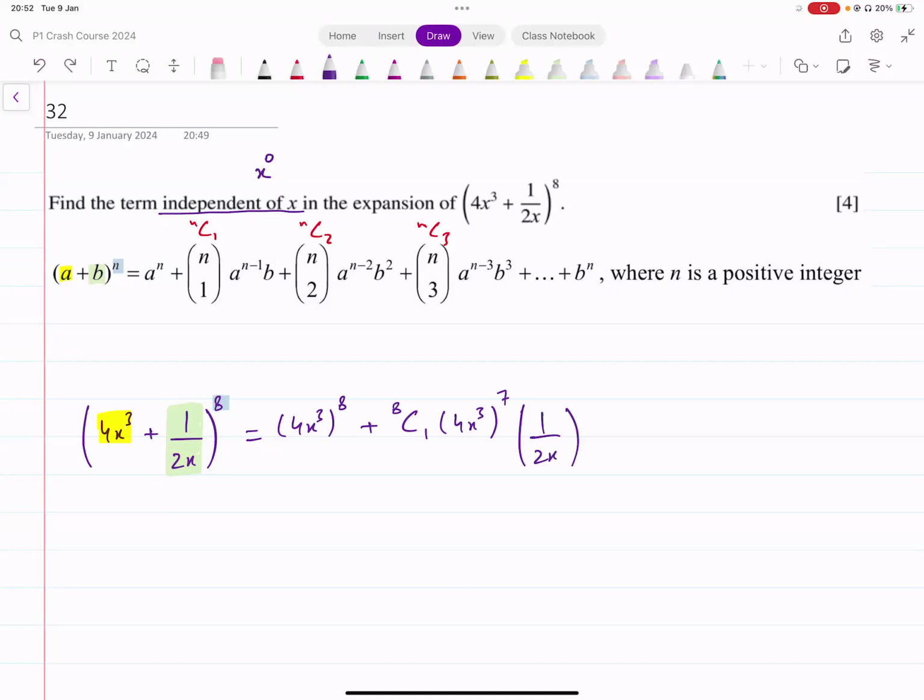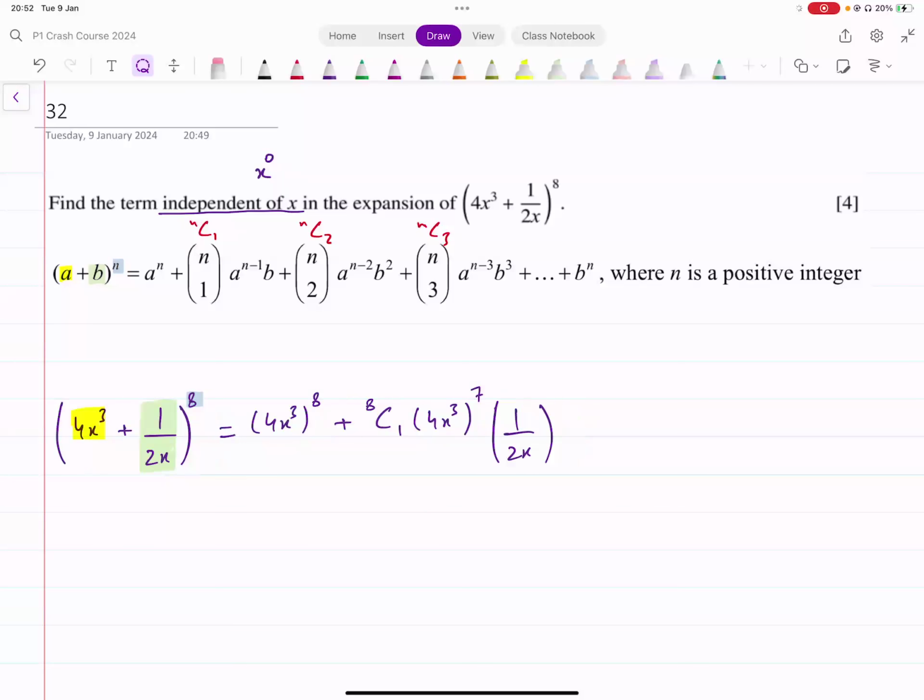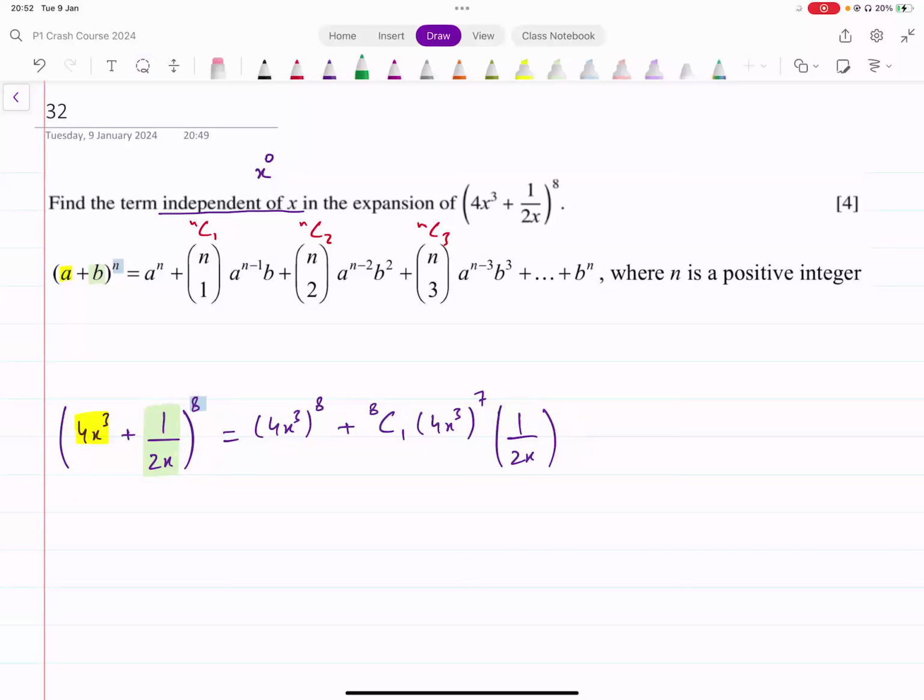And now you're going to stop here. Now you're going to just stop here and look at the pattern that emerges. Let's look at the pattern that you get here. What's the power of x in the first term? X raised to power 3 whole raised to power 8. What does that become?